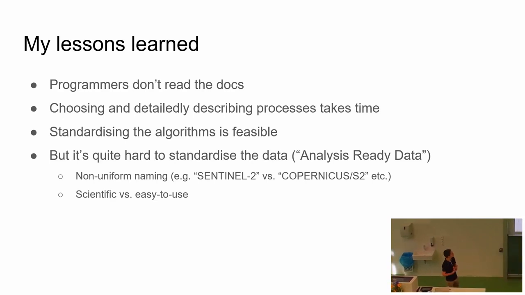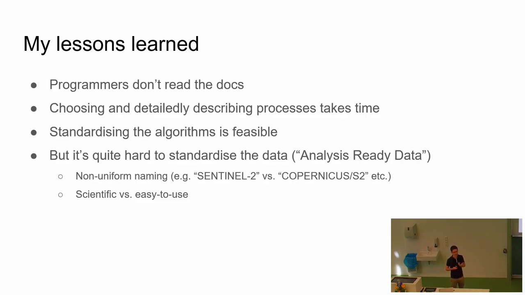What is less feasible and more hard is to standardize the data. The first thing is this non-uniform naming I mentioned before, that on one backend, the same collection may be called Sentinel-2 and the others call it Copernicus S2, and the third one calls it a different name. But not only the naming is different, sometimes also the content is different. For example, Google Earth Engine puts all the Sentinel-2 imagery into one huge thing, but in doing so makes a few assumptions on, for example, which orbits you want and stuff like that.